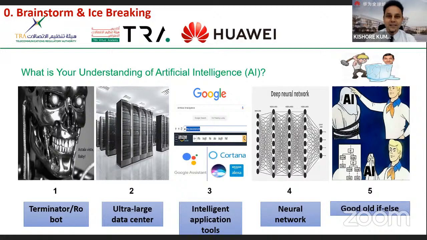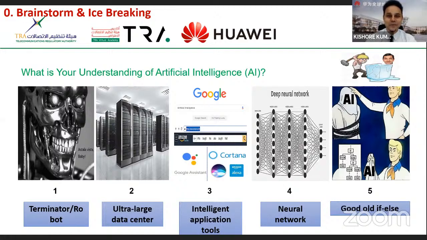Our science fiction movies' robot. Number 2 is a data center, or you can see a large server. Number 3 is intelligent applications that we use every day. Number 4, neural network. Number 5 is good old if-else. Now, which one would you pick and why?